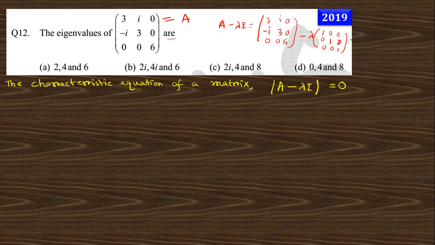So we can write this as 3 minus lambda, I, 0; minus I, 3 minus lambda, 0; 0, 0, 6 minus lambda. Putting the determinant equal to 0, that means this matrix has determinant 0.